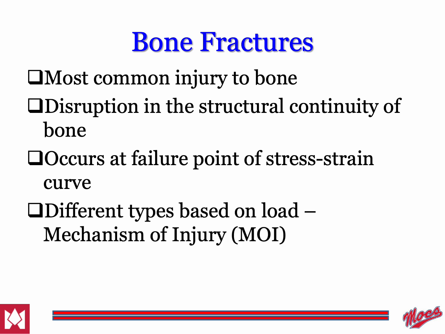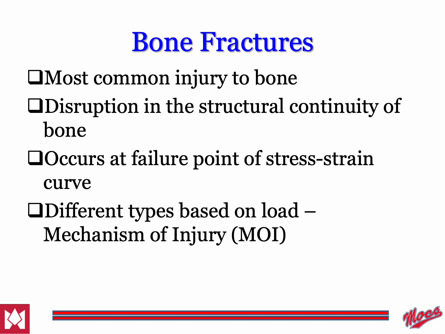Now, there are different types of fractures based on the type of load that bone undergoes. One of the ways that we can look at how a fracture occurs is called the mechanism of injury, right? The MOI. So anytime you see MOI on a slide, that's what it means. And that is strictly how a fracture or an injury occurs on a mechanical level, right?